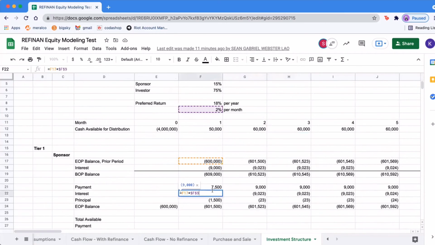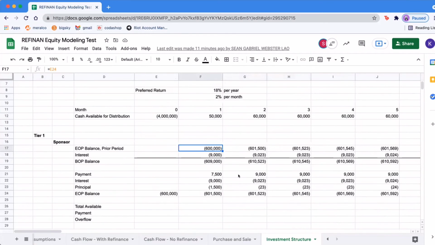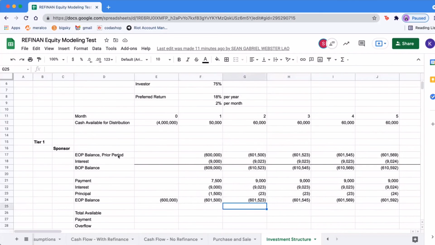The interest is the EOP balance of the month times 2%. The principal is the amount that we borrowed and have to pay back, so it's payment minus interest. So the new EOP balance is the old EOP plus the principal.